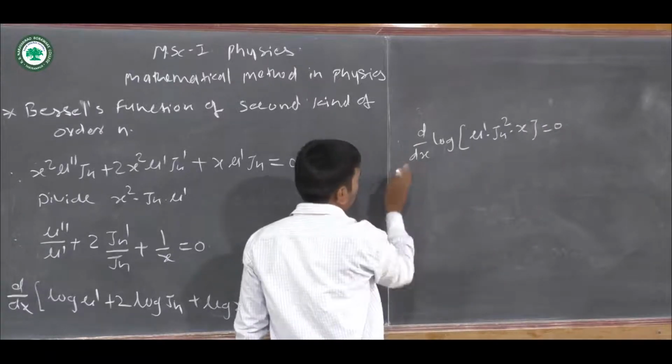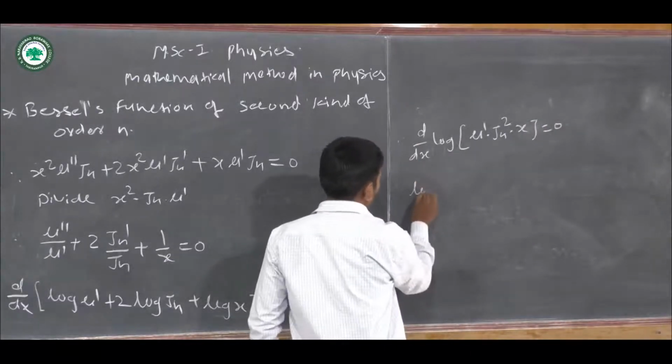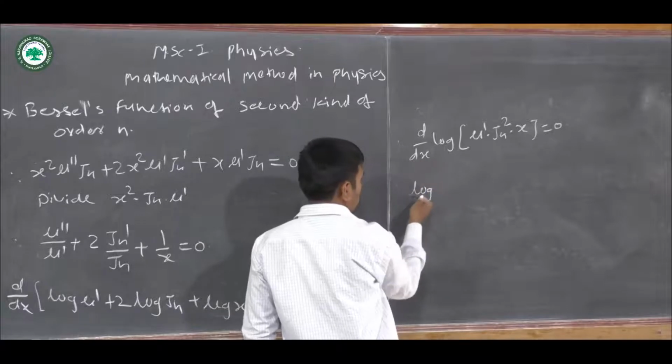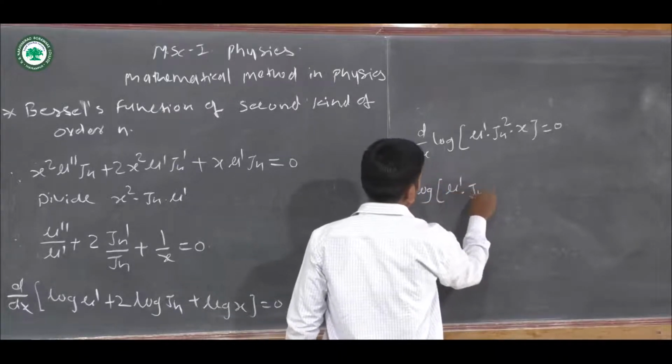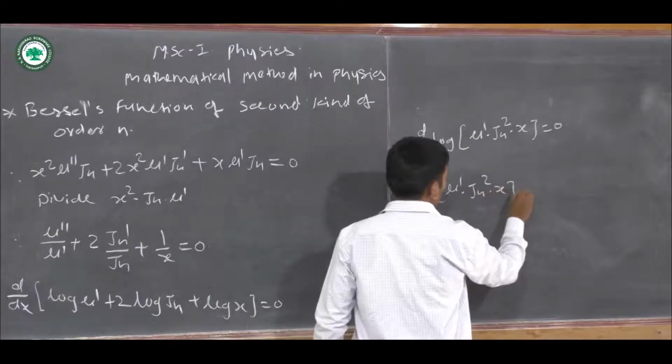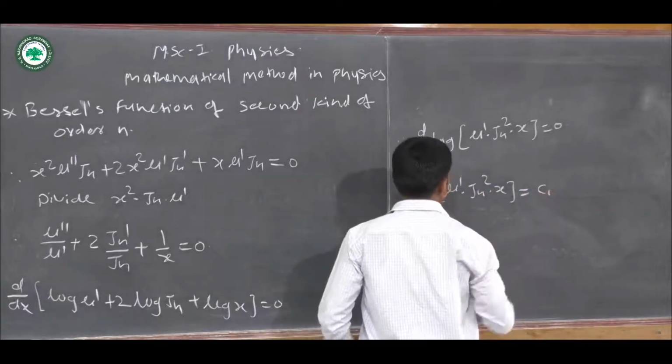Okay, now if I integrate this with respect to x, it is log of u' J_n² x is equal to log c1.